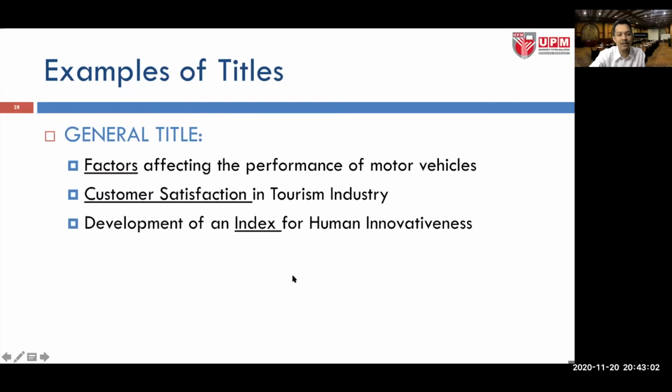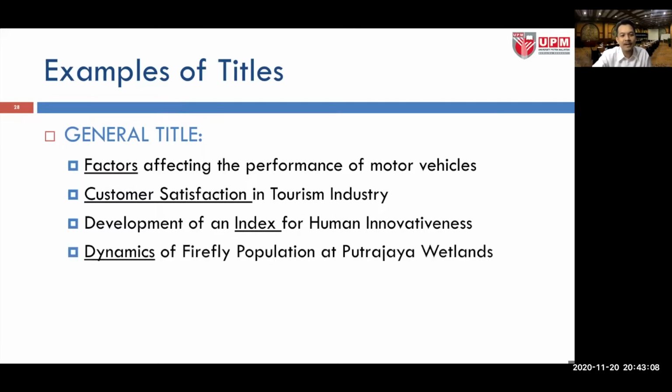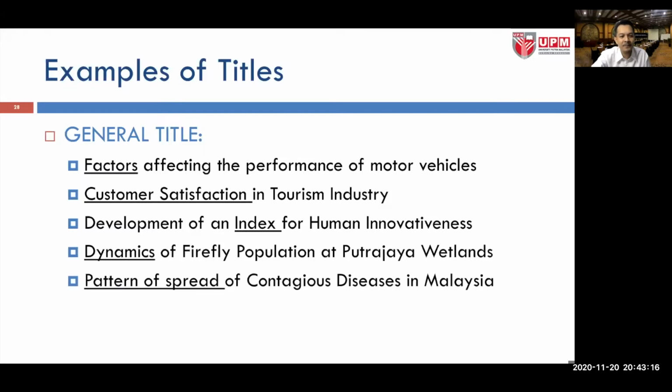And then we have development of an index for human innovativeness, right? And then we have another example, dynamics of firefly population at Putrajaya wetland. And then pattern of spread of contagious diseases in Malaysia, maybe COVID-19.